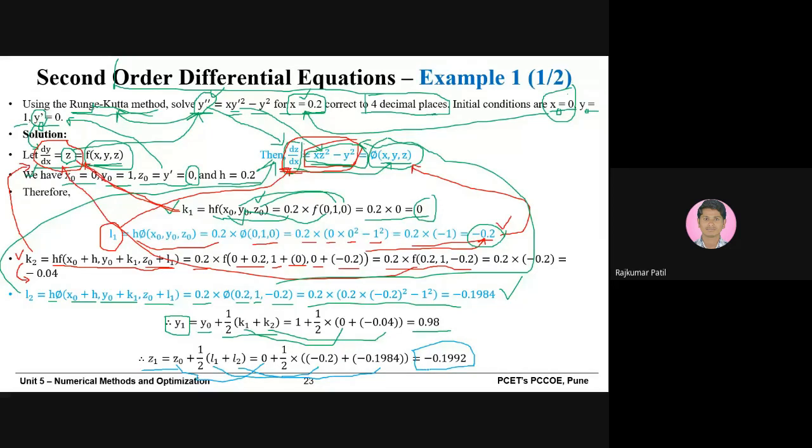So this is how we calculate the value of y1 and z1. And here we can say that we can solve a second order ordinary differential equation by using the Runge-Kutta second order method by simplifying that equation.